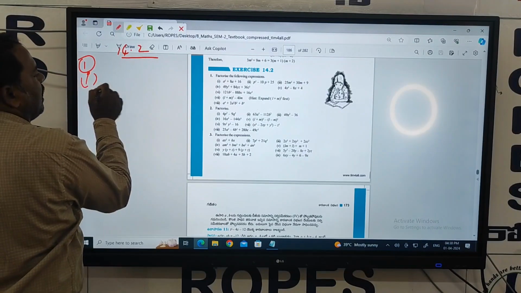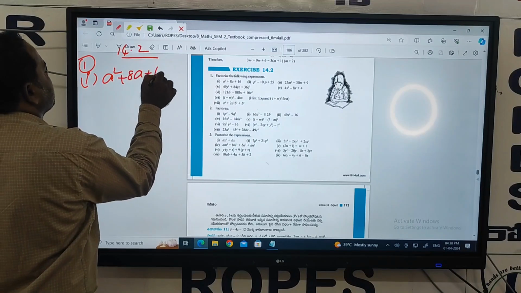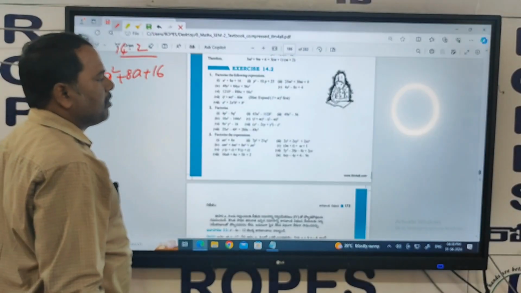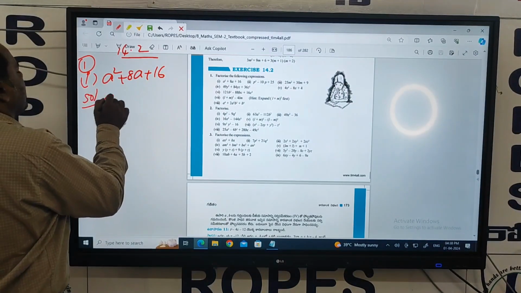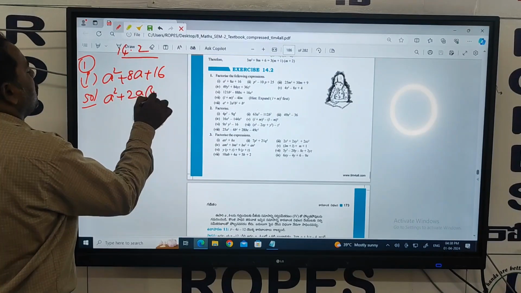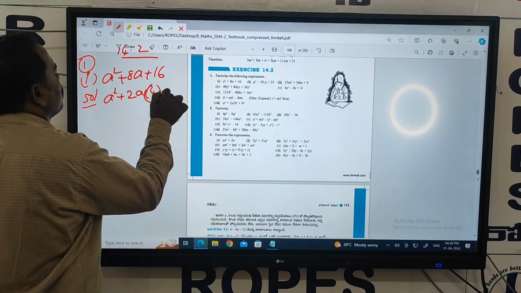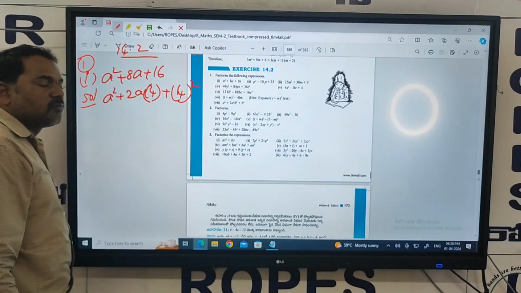In the first question, see a square plus 8a plus 16. How am I writing it in the simple method? Observe carefully. a square plus 2 into a into 4, and 16 I am writing as 4 square.